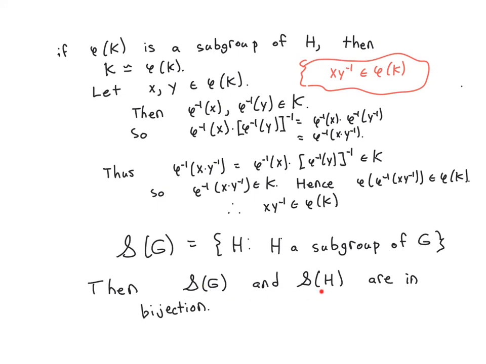They correspond uniquely, which is kind of cool. That's a stronger result. That takes a little more work, so we haven't actually shown that yet. But the corollary from what we just showed is that, of course, K has the same order as phi of K. So if G has a subgroup of order n, then so does H.